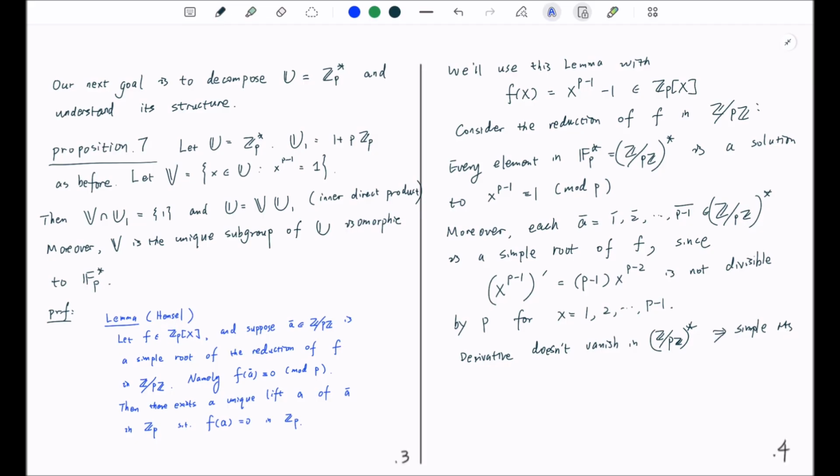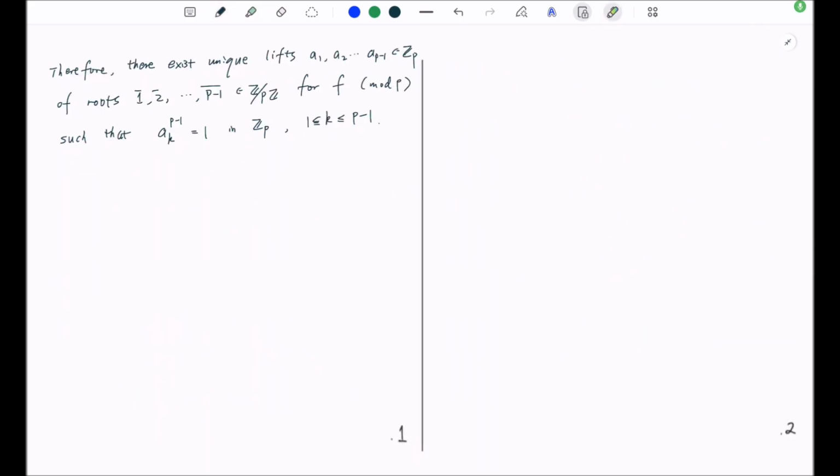Therefore, by Hensel's lemma, those p minus 1 simple roots can lift uniquely to roots of this polynomial over Zp. And we denote those p minus 1 roots by a1, a2, up to a sub p minus 1.